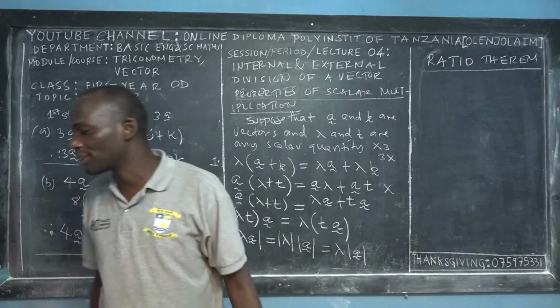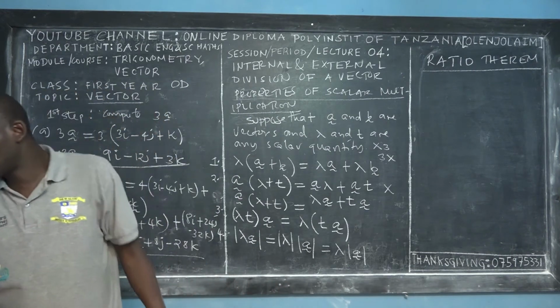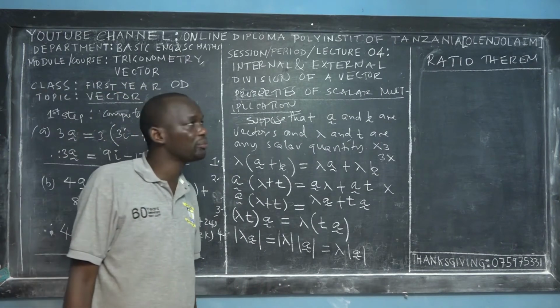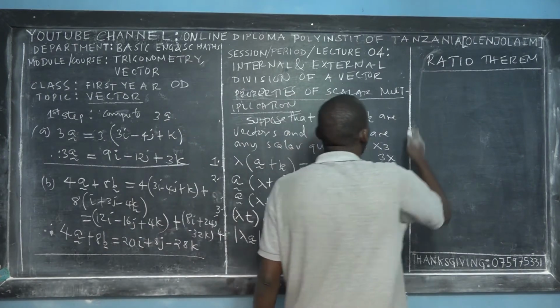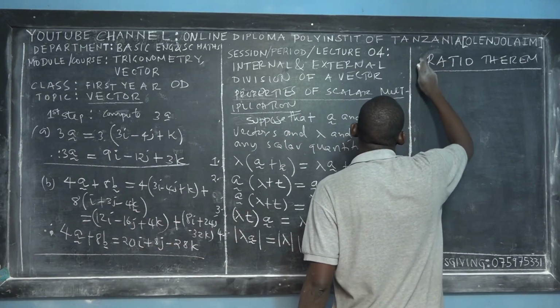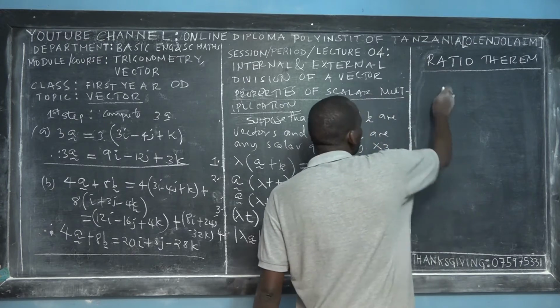What is the meaning of the ratio theorem? Or how can you state the ratio theorem? The ratio theorem is a theorem representing a ratio of lines or vectors, parts, or proportions.